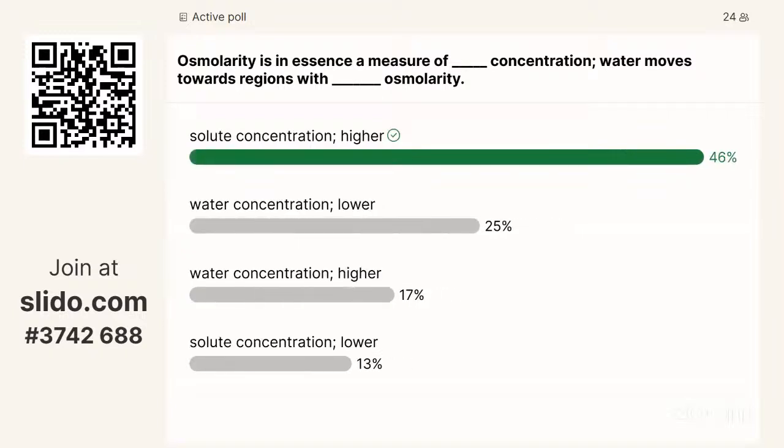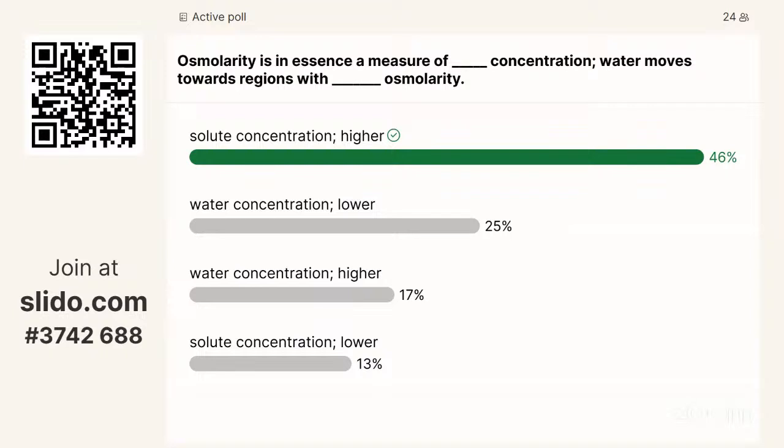Okay, so osmolarity, when we were talking about the loop of Henle, was that number where we have an osmolarity gradient going from a lower number up by the cortex to higher as you get towards the renal pelvis. It's important to know that that high number is high because we have a lot of impermeable solutes in those regions. When we have a lot of solutes, they act as a pull on the water.